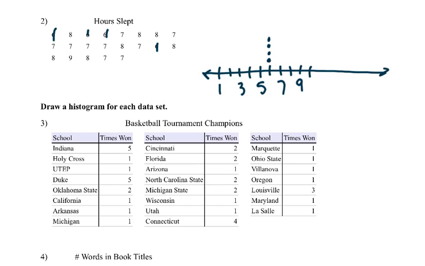Then for 7, there's 1, 2, 3, 4, 5, 6, 7, 8, 9. There's 9 dots. Then 1, 2, 3, 4, 5, 6, 7 for 8. And then 1 for 9.